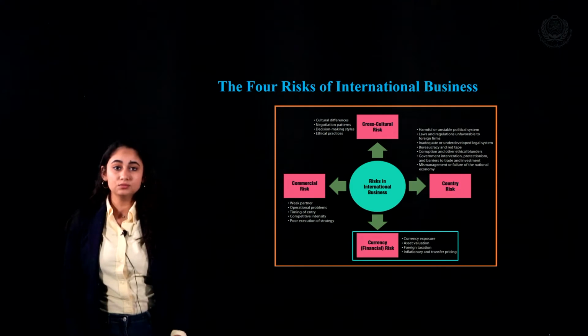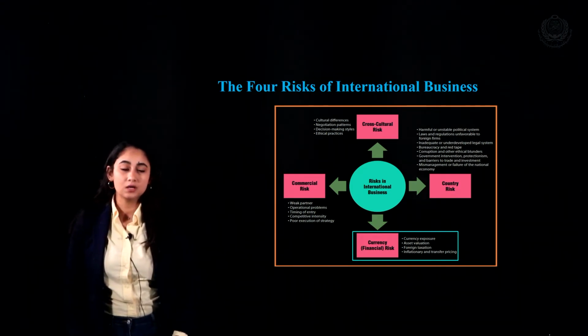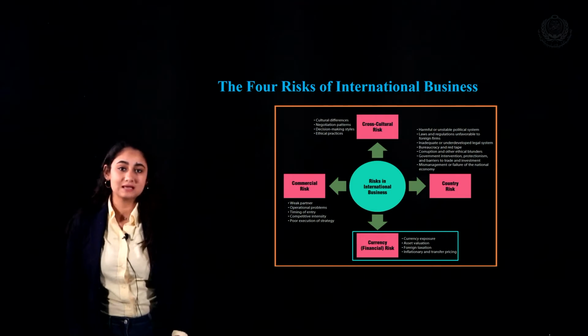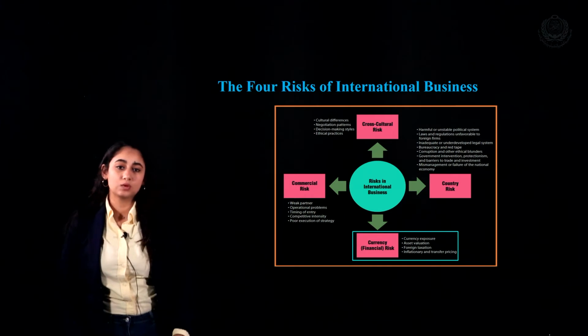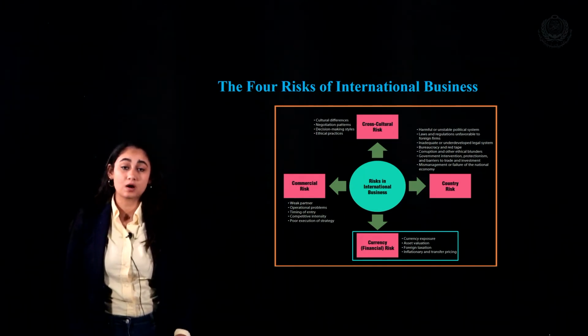Right now we are discussing the currency and financial risk, and later on in the next lecture we will take the last type of risk, which is the commercial risk. Therefore, we will have covered the four different types of risks that could arise when entering foreign markets. So let's proceed with the currency risk.